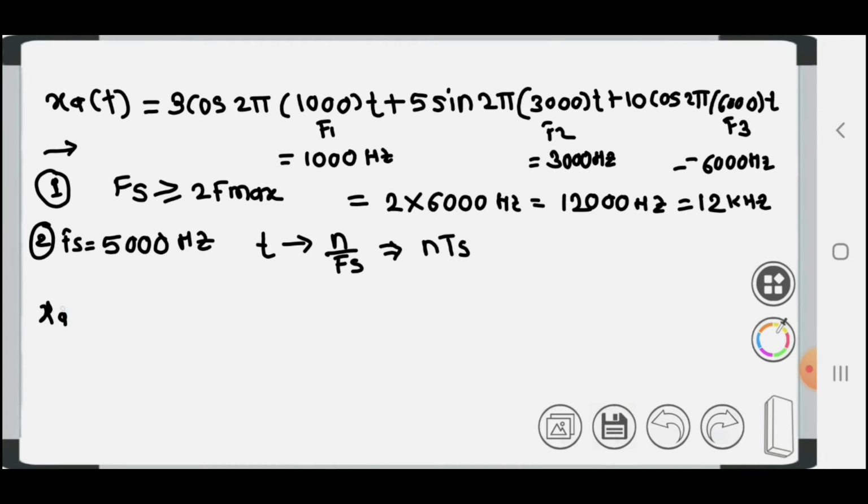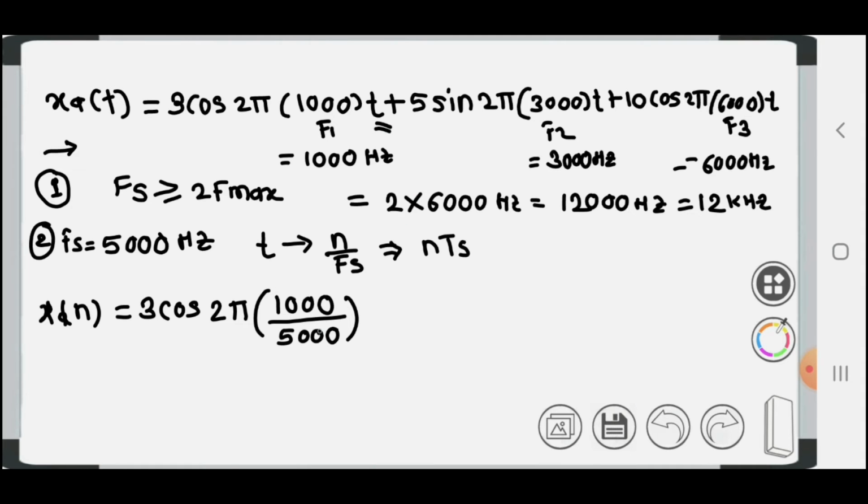So now it won't remain x of t, we will call it x of n. The discrete time signal we represent by x of n. So just make it 3 cos 2 pi 1000, fs is now given as 5000, so we replace t with n upon fs, and fs we have written over here, just write down n over here.